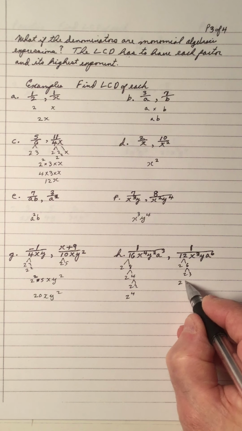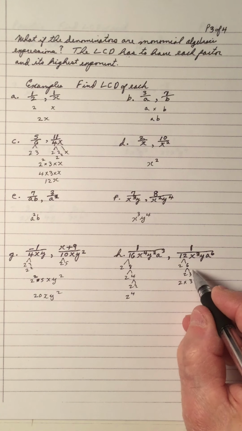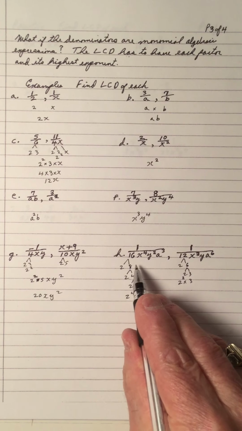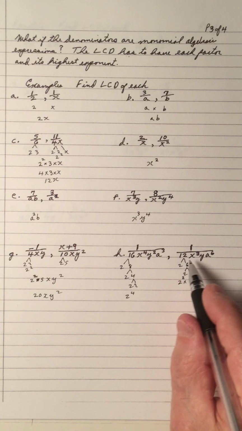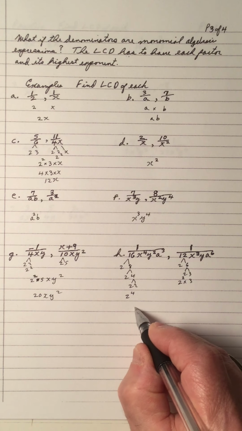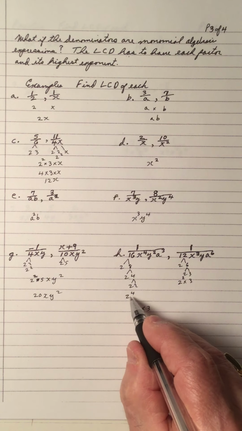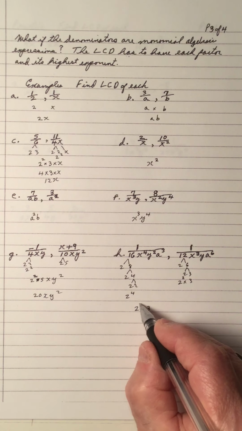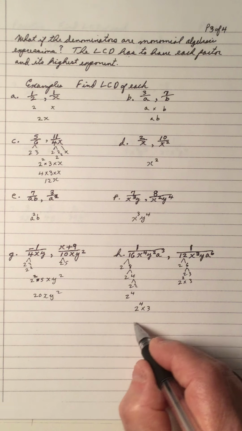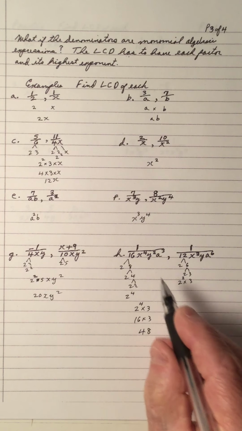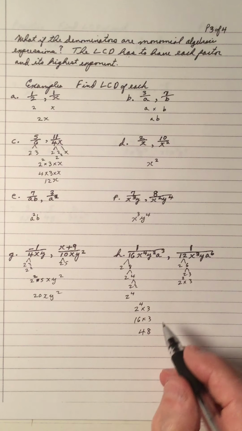So I have a 2 and a 3, and notice I have a 2 squared times 3. So for the LCD for 16 and 12, I have to have a 2 and I have to have a 3 because they're the factors. The highest power of 2 is 4. The highest power of 3 is 1. So that's 16 times 3. So 48 is the LCD for 16 and 12.